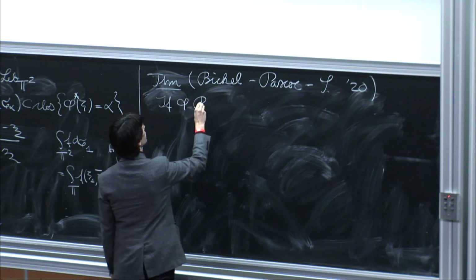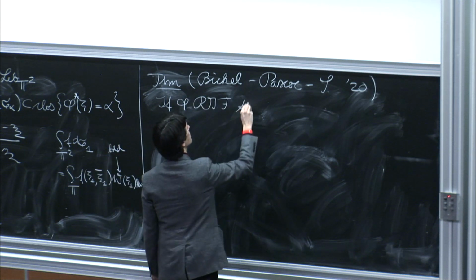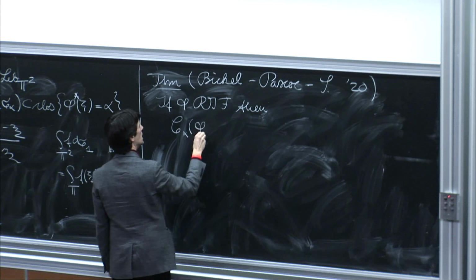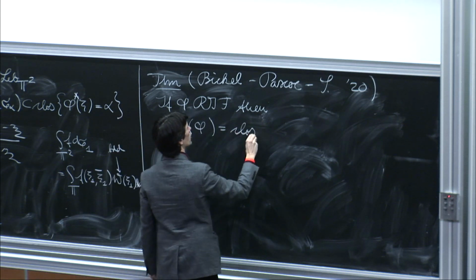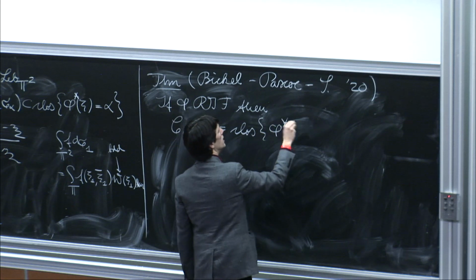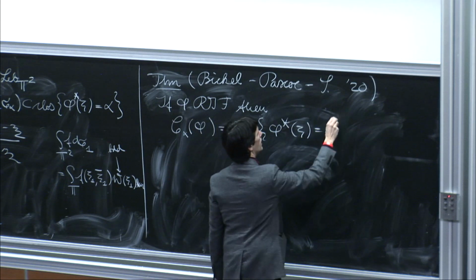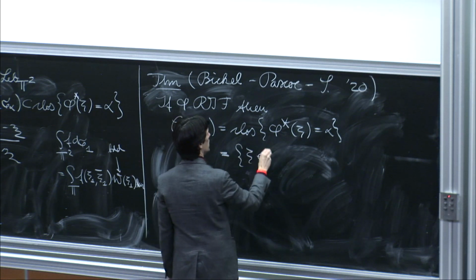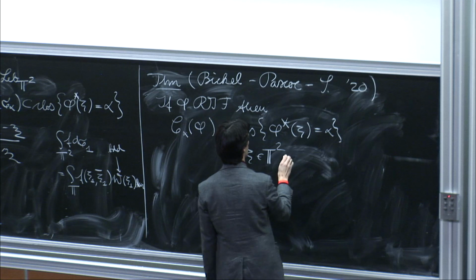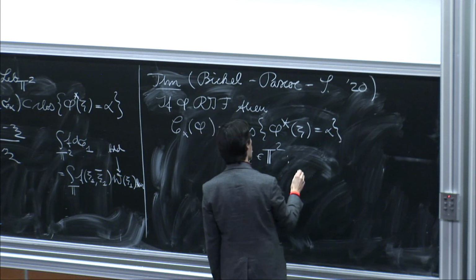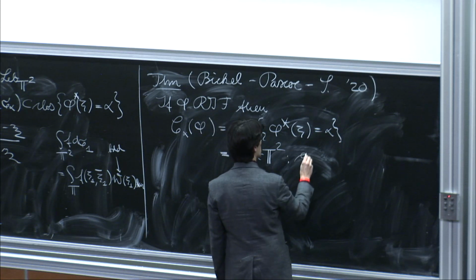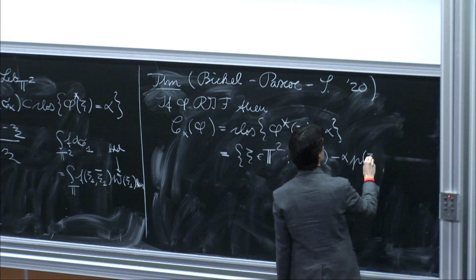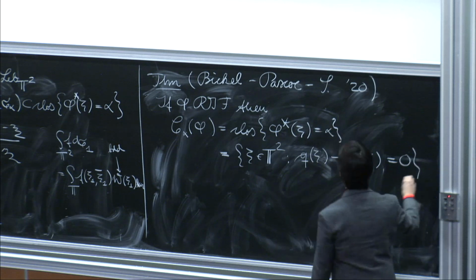If phi is a rational inner function, then the unimodular level set of phi, which I define as the closure of the points where phi attains alpha, is actually exactly equal to the set of points in the two torus where the numerator polynomial minus alpha times the denominator polynomial is 0.